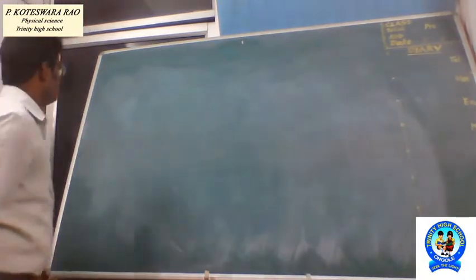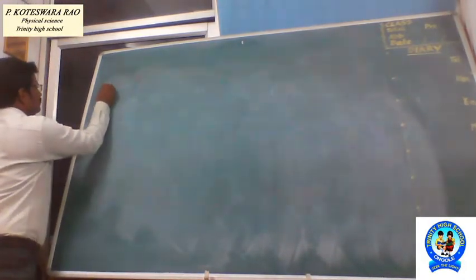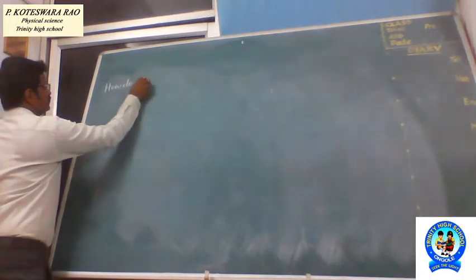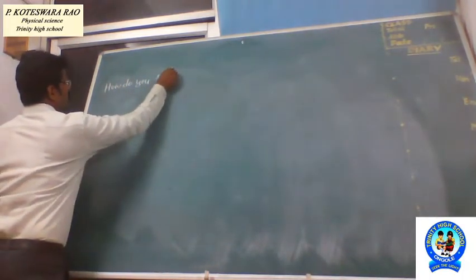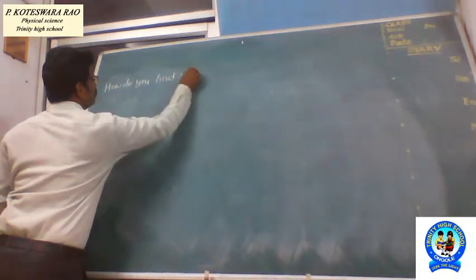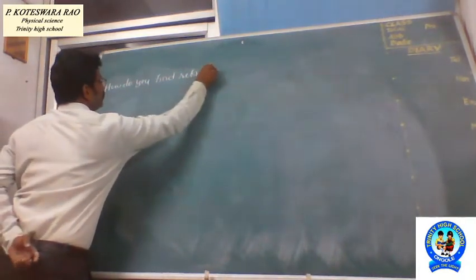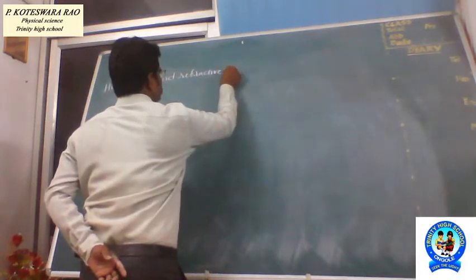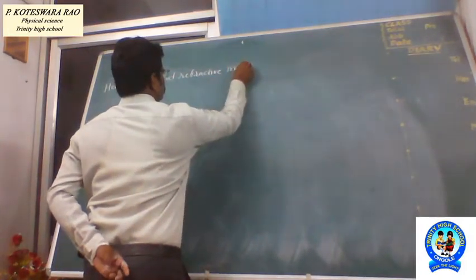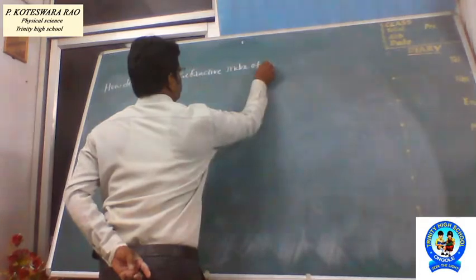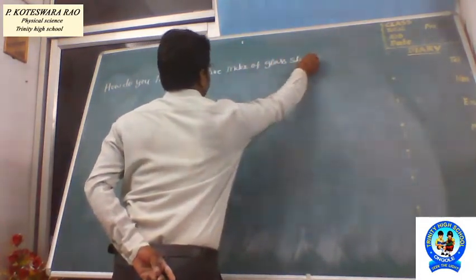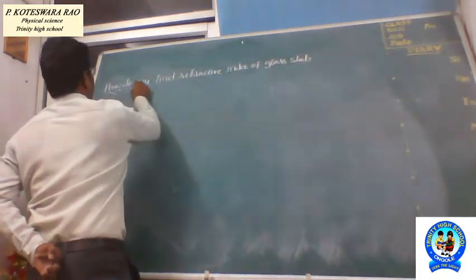How do you find the refractive index of the given glass slab?